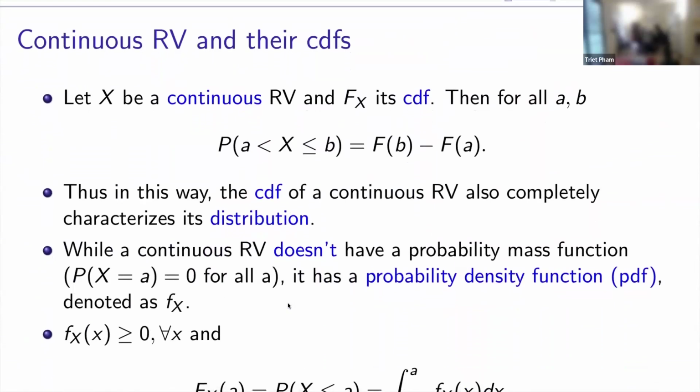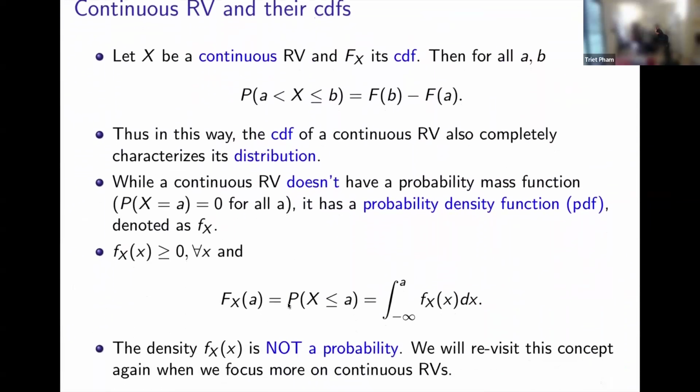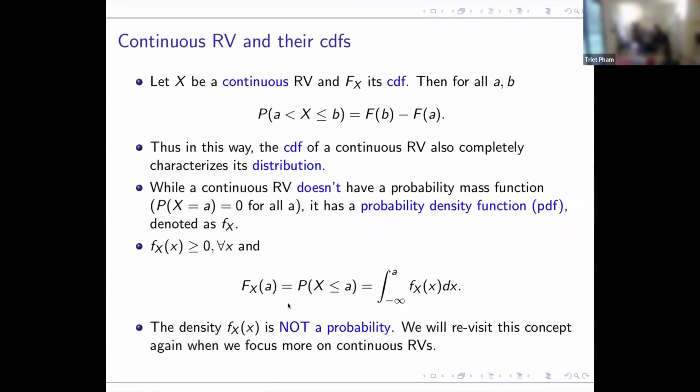Now, a continuous random variable, on the other hand, would display the opposite behavior. The CDF of a continuous random variable should not have any jump.